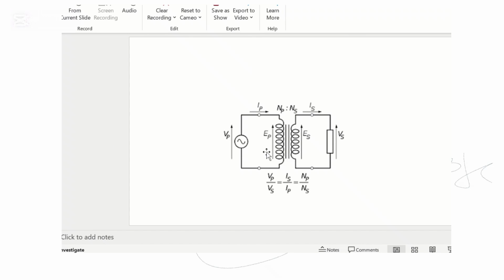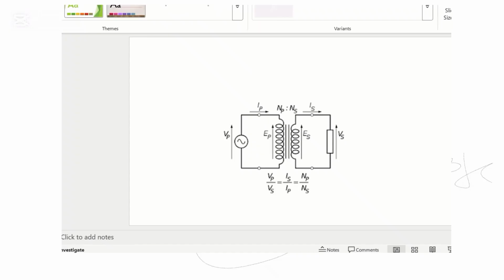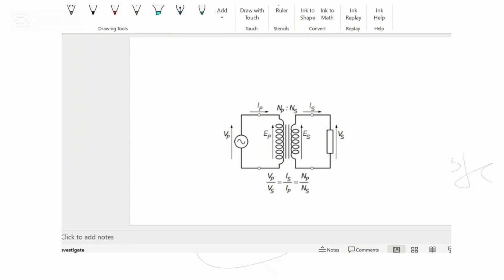So this is the famous formula of a transformer. In a power supply, normally we don't design transformers. We choose. In a power supply, you choose the transformer. I wanted to show you this, this is just a famous formula for the transformer.